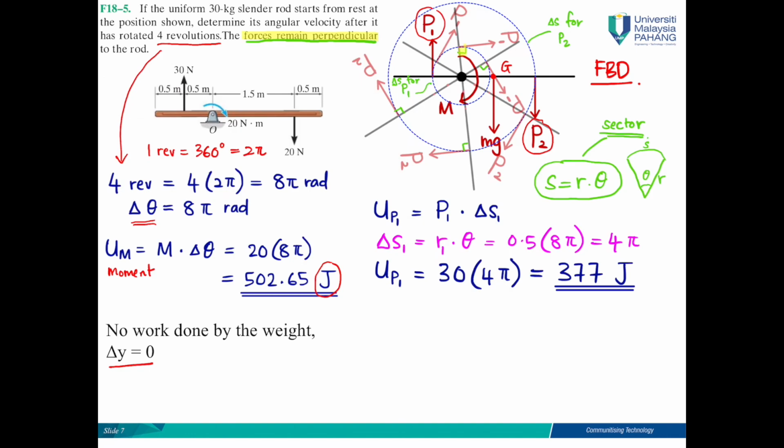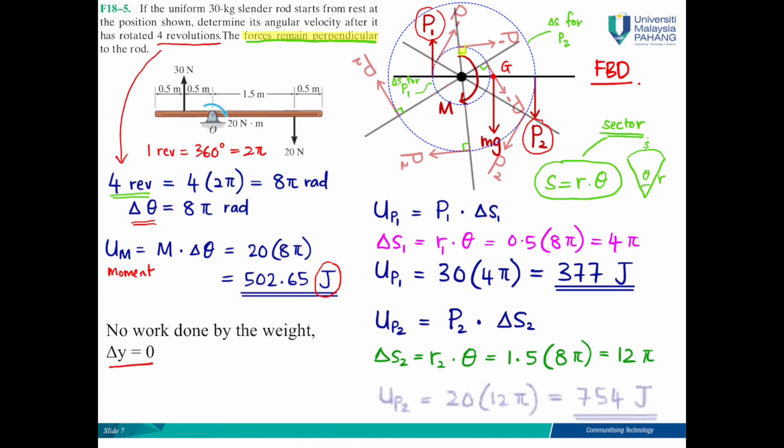So that's how you get U P1, which is 377 joule, and for U P2 it's the same. P2 multiplied with delta S2. Delta S2 is basically the circumference of this big circular path. So it's R2 times theta, with the radius of the big circle, 1.5, multiplied with 8 pi, you have 12 pi. 8 pi is taken from the 4 revolutions that we calculated earlier.